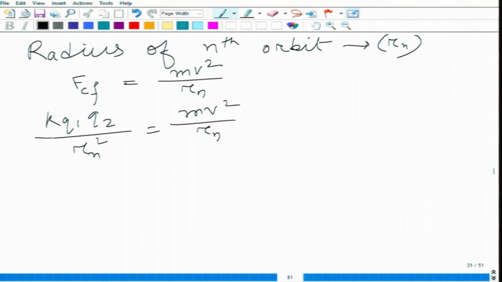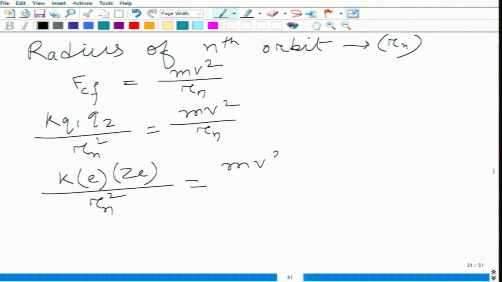So, we know that the charge of electron is e and the charge of nucleus is Ze. So, we can write K e into Ze by Rn square equal to mv square by Rn. Now, Rn will cancel out.